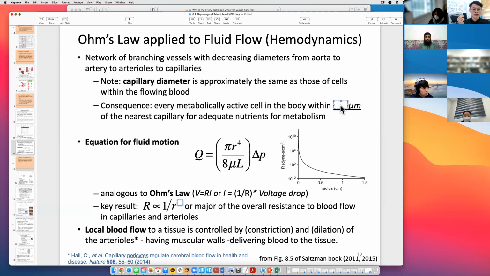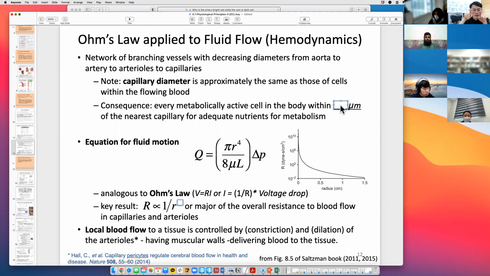But from next week, we can explain where this number comes from. In fact, a recent study of the whole mouse brain, taking out all the capillaries and finding the distances between them, shows it is actually shorter than this. It turns out to be around 50 or even dozens of microns.